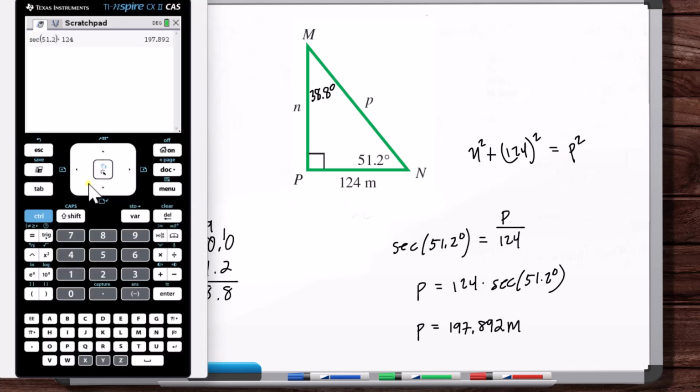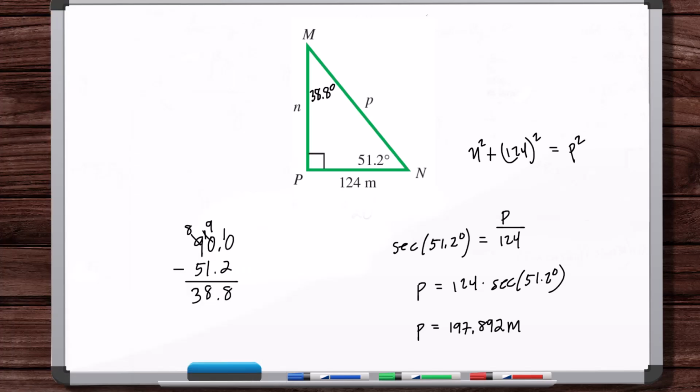So, this is P. So that squared minus 124 squared, and then take the square root of that, 154.225. So N is 154.225 meters. There we go. We've solved the right triangle. We have all the angles and all the side lengths.